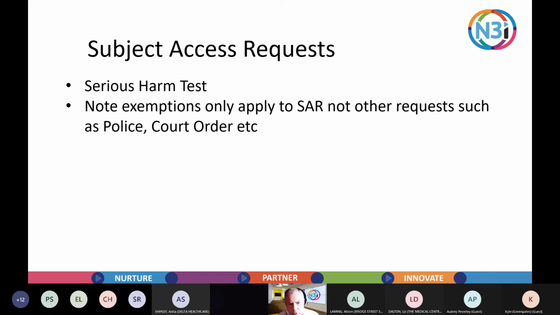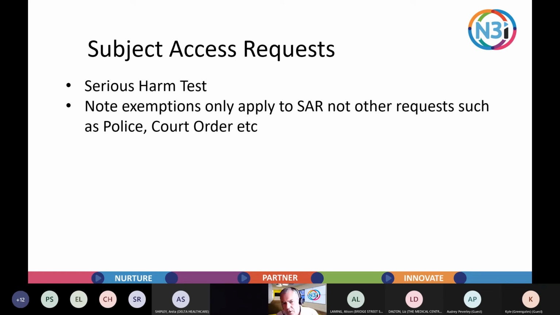This came up the other day when I was talking to someone. You only apply the exemptions, third party and serious harm, to subject access requests. If you get a request from, say, the police for information, or a court order that says release this record, then the exemptions don't apply. You release the full record.